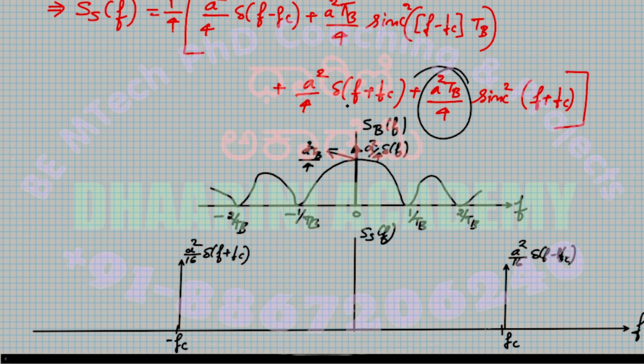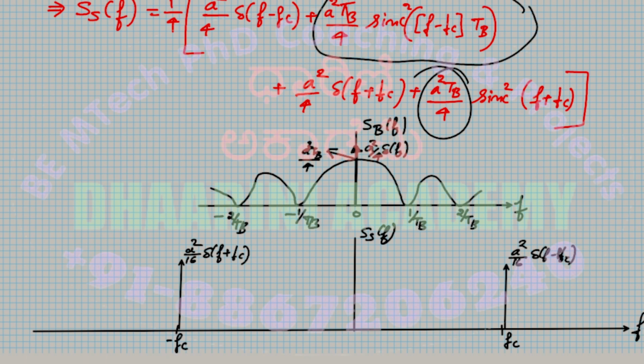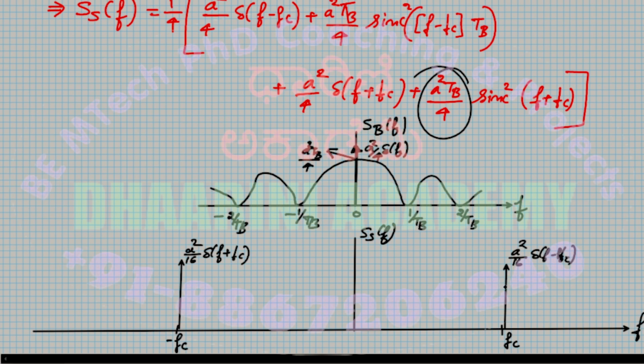Okay, now we need to write the remaining part. One is the shifted A square TB by 4 sinc square to the right, and one more term, the same A square TB by 4 shifted to the left by FC. So let's try to write that. I will start it from here, it reaches a minimum, maximum, minimum, and so on.